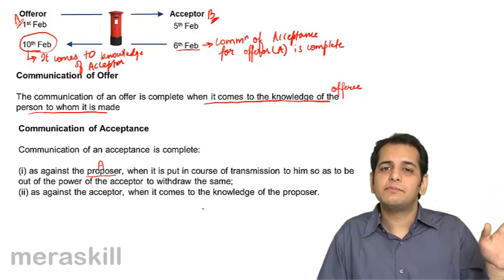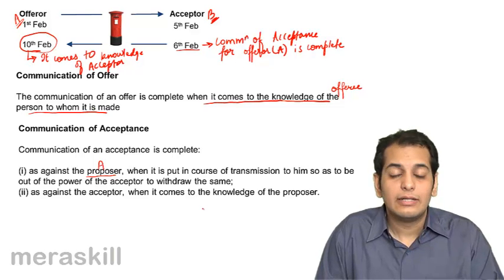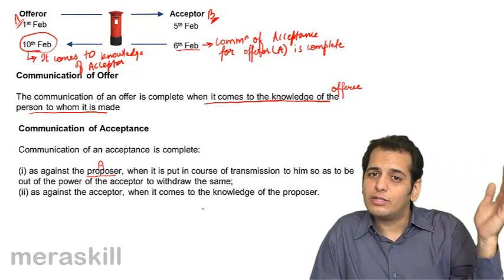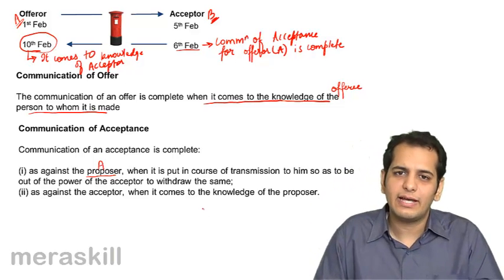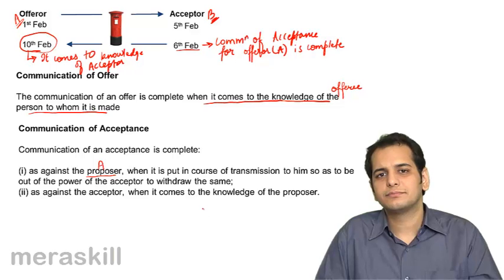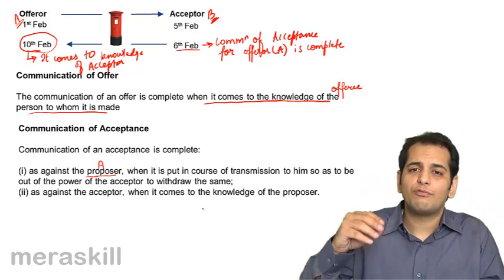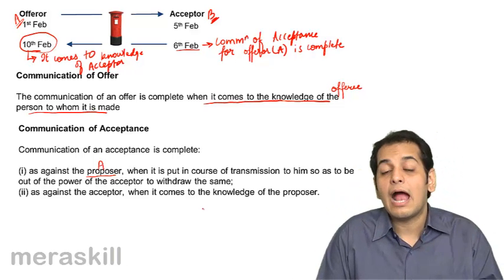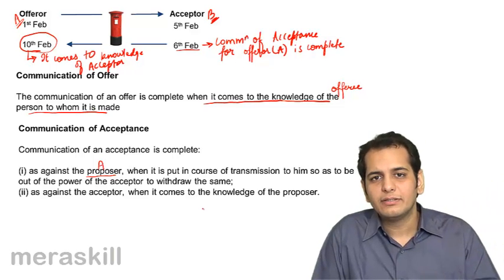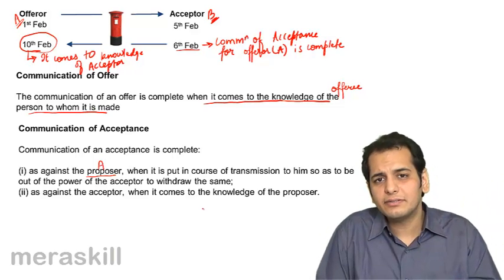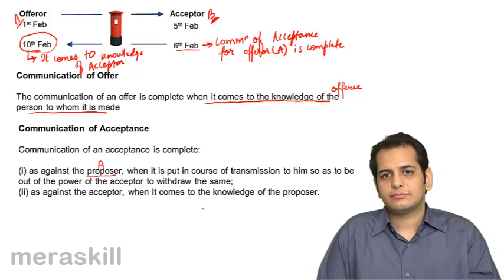Communication of acceptance will be complete for both the parties on different dates. It will get completed for the offerer first, and then it will get completed for the acceptor or the offeree. Now when will it get completed for the offerer? When the offeree posts it. And when will it get completed for the offeree? When the offerer reads it. It's as simple as that.